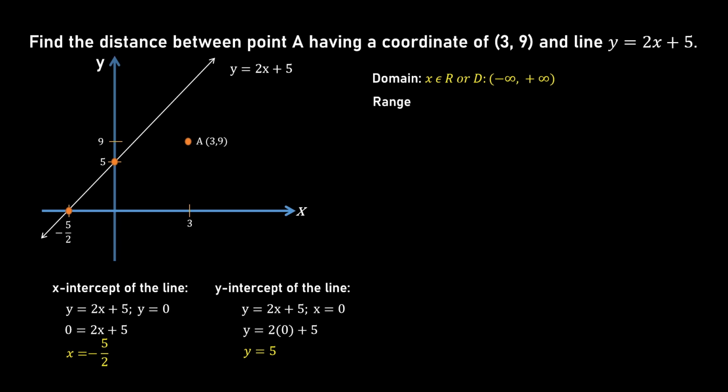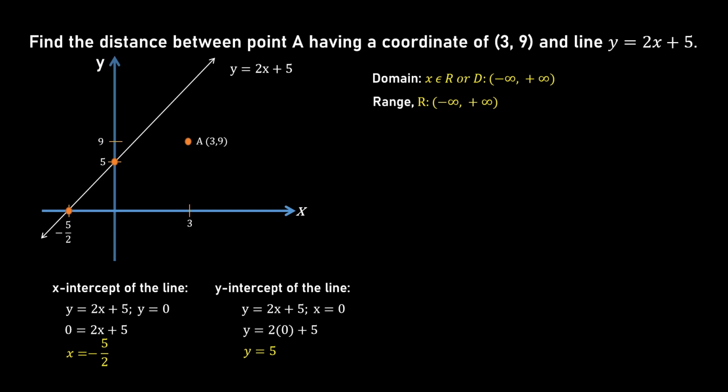And by principle, the range of a function of a line is between negative infinity plus positive infinity. If you try to get a large positive number from the domain and try to substitute on the function of the line, you will yield a large positive value of y.